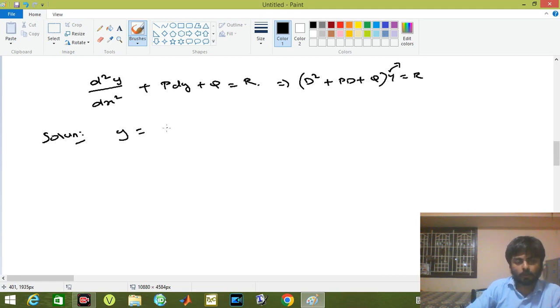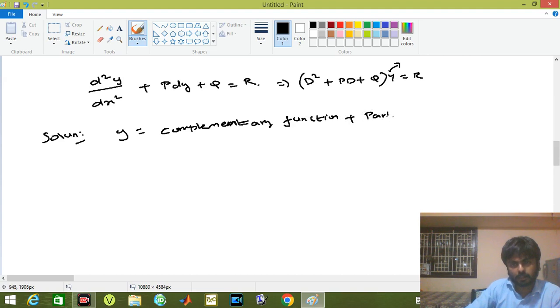So you will have a solution y equal to complementary function, and along with that you will have the particular integral.